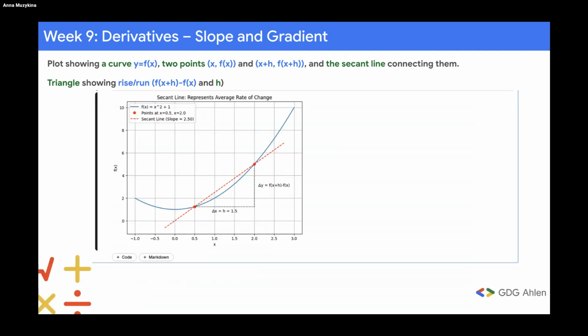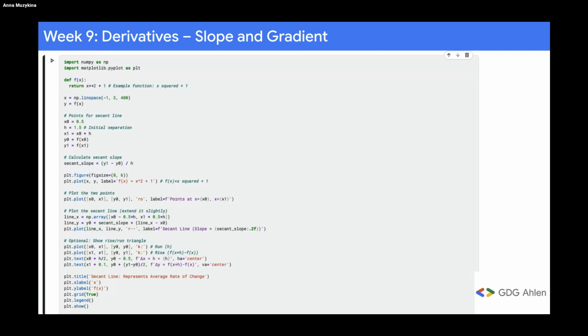The plot shows the slope calculated for the chosen points. The slope of this secant line represents the average rate of change of the function between x0 and x1. We calculate it using the standard rise over run formula, the change in y divided by the change in x.